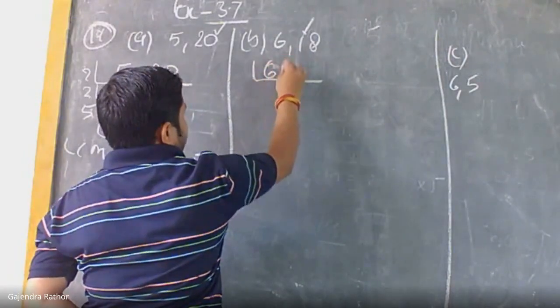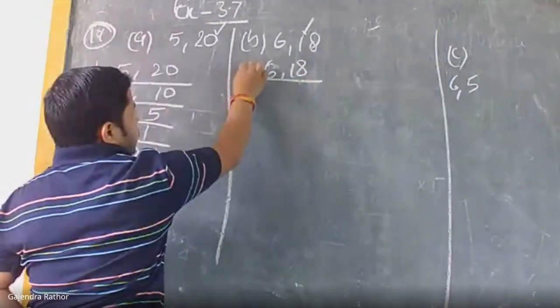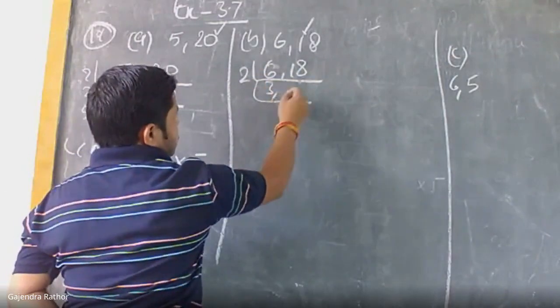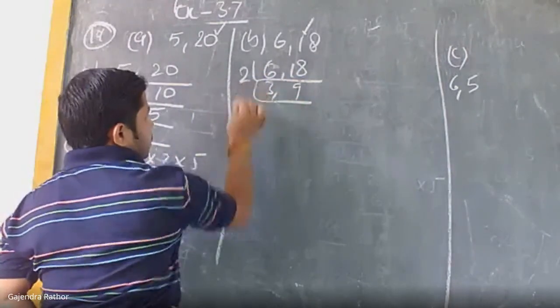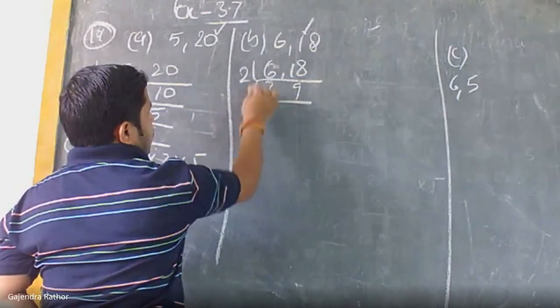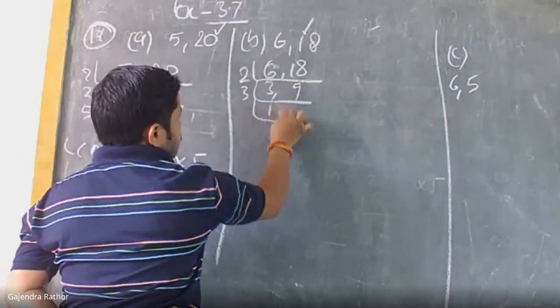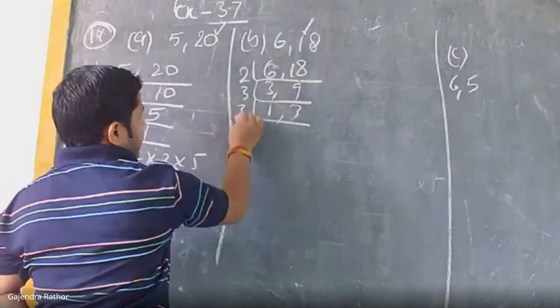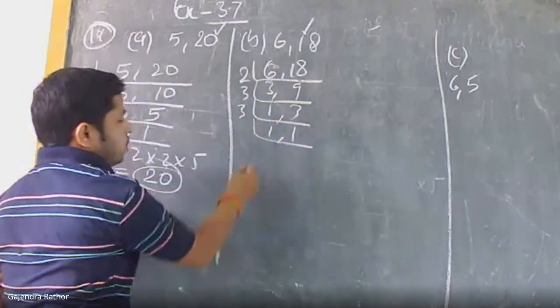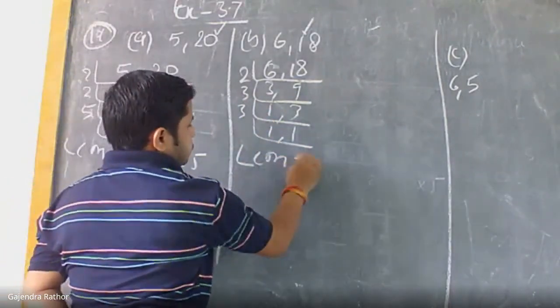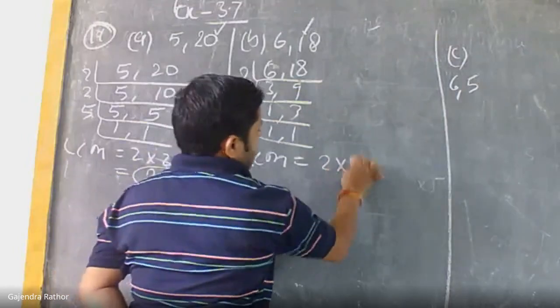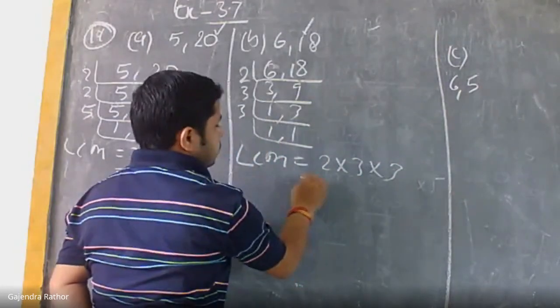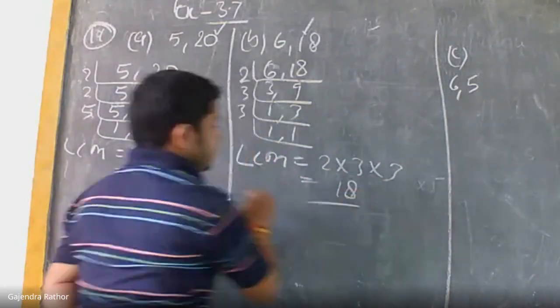We will check by finding it properly. 6 and 18. First divide by 2: 3 and 9. Again divide by 3: 1 and 3. Again divide by 3: 1 and 1. So LCM is 2 multiplied by 3 multiplied by 3, which is 18.